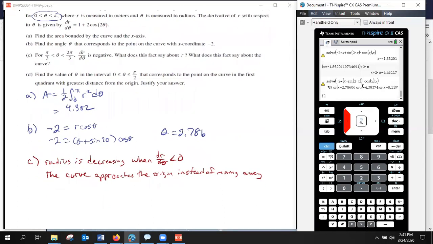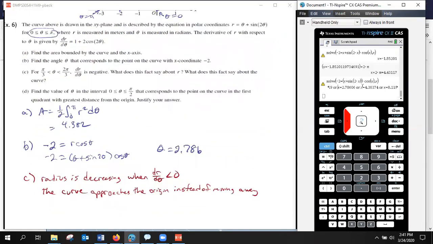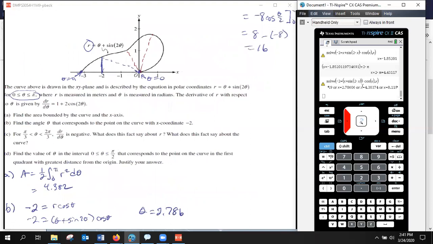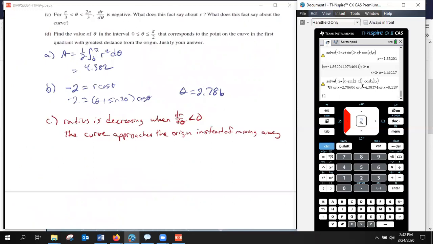And then last but not least, find the value of theta that corresponds to the point in the first quadrant that's the greatest distance. So how do I come up with my greatest distance? What I'm anticipating is somewhere around here to be that greatest distance. So this is a great opportunity to do optimization.